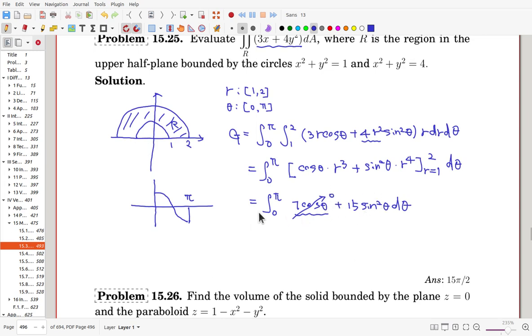So that is the same as here, 15 is a constant, and integral from 0 to pi of sine squared theta. For this one, now we have to use the formula.